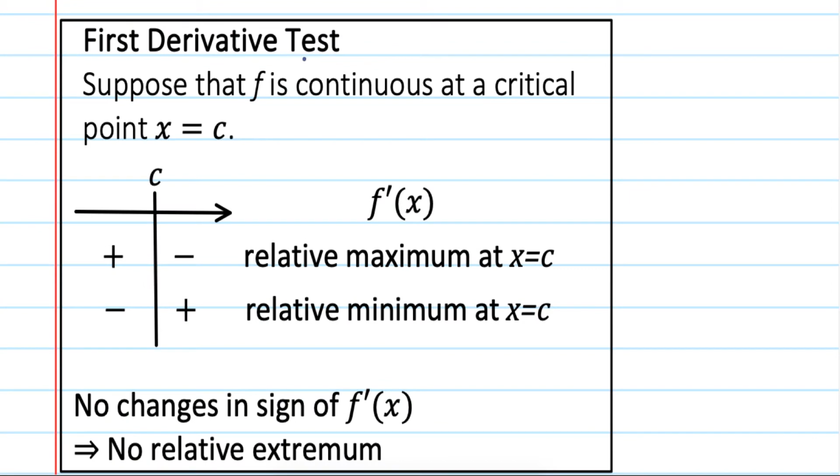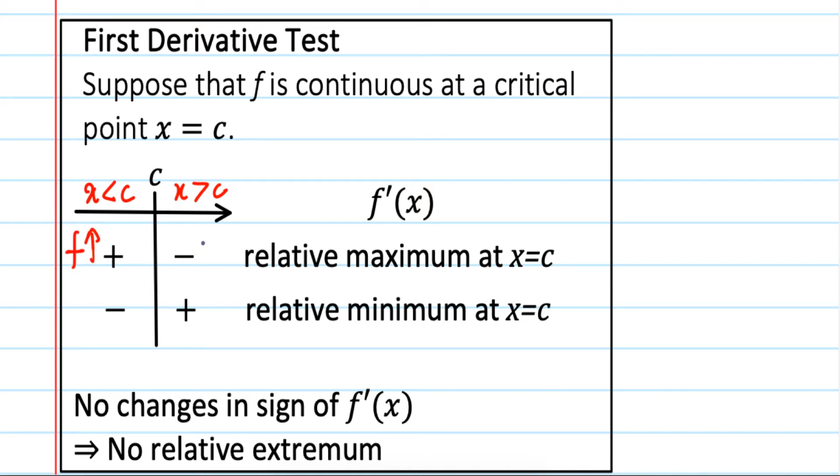First derivative test. Suppose that f is continuous at a critical point x equal to c. You need to find f prime for x less than c and x greater than c. So for x less than c, if you have positive and then for x greater than c, you have negative, it means that for positive, f is increasing.